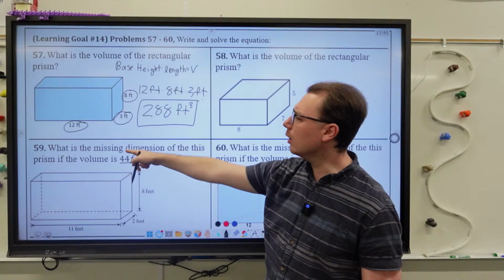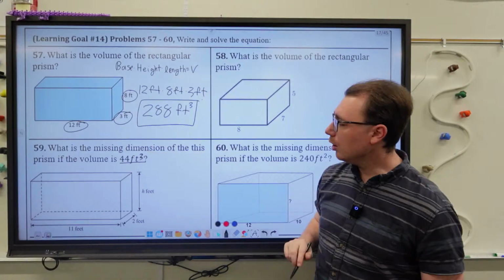The base is 11 feet. We don't know what the height is, but the length is 2 feet. And the volume is 44 feet to the third power. We now want to solve for h.